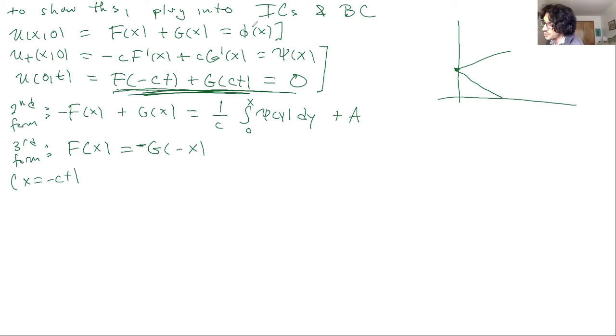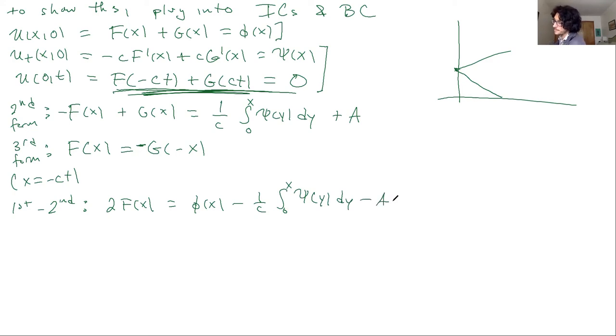So the first thing we'll go ahead and do is we'll combine the second equation with the first equation, right? So take the first equation minus the second equation, and we end up with 2 f of x is equal to phi of x minus 1 over c integral from 0 to x psi of y dy minus a, okay?